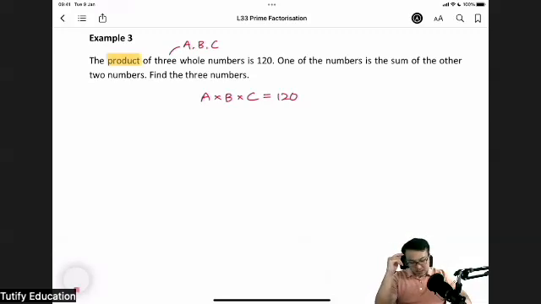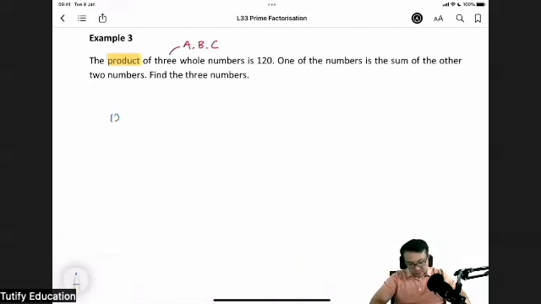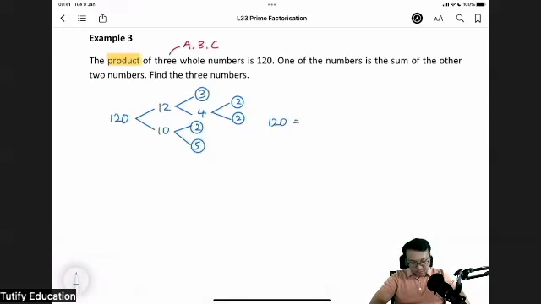First thing we should do in this case is break it down, so that you know all the factors. So now we are going to break down the number 120. 120 equals 2 times 2 times 2 times 3 times 5.